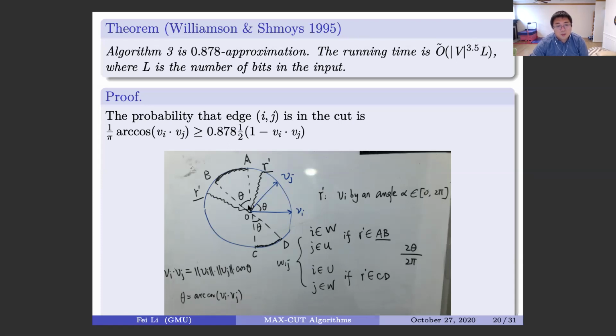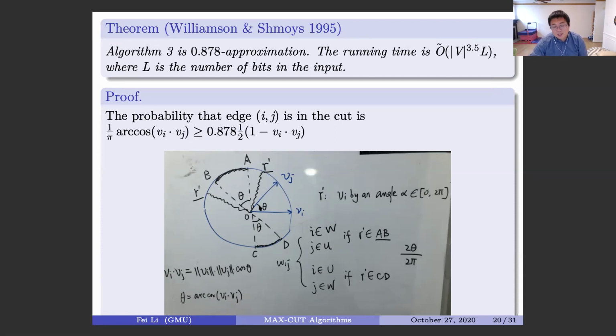So what is the probability? Since the vector is selected randomly, what is the probability that their inner product is positive? It relies on theta. The total probability should be this part and this part over the total size of this circle, which is 2 pi.